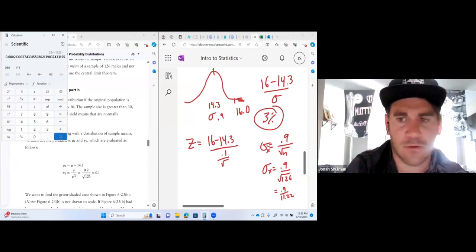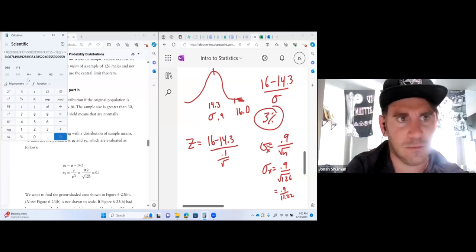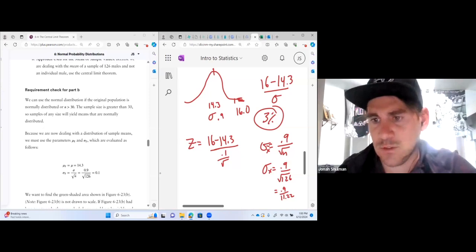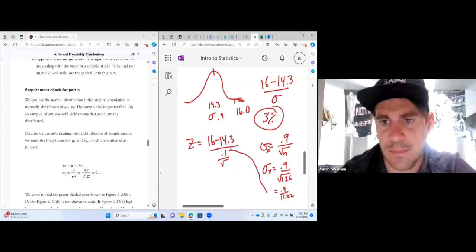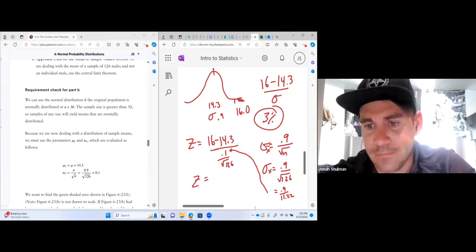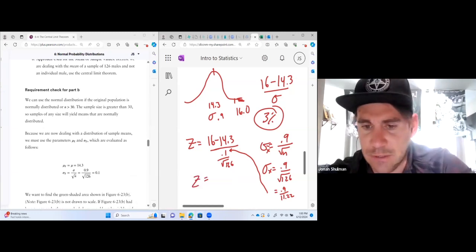And that's how we get 0.08, which they rounded to 0.1. This is what gives you the 0.1 here. And all I have to do is the square root of 126. So this is my new z-score. Which is nothing too crazy, right? It's nothing too crazy, our new z-score.